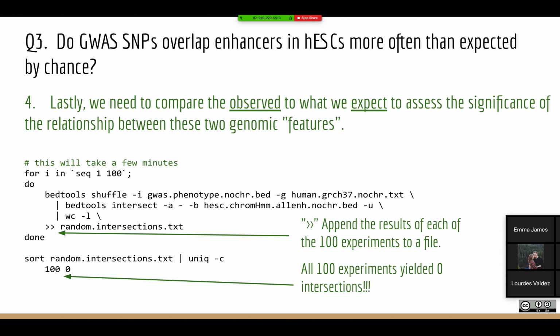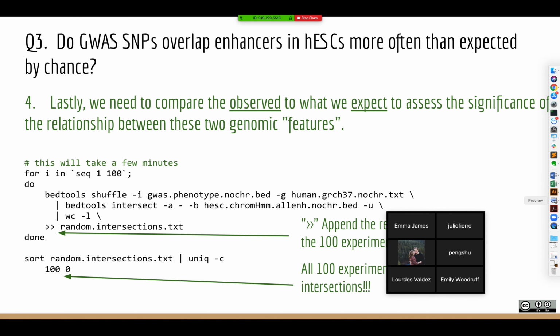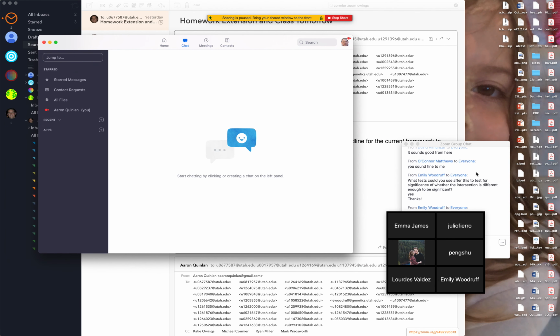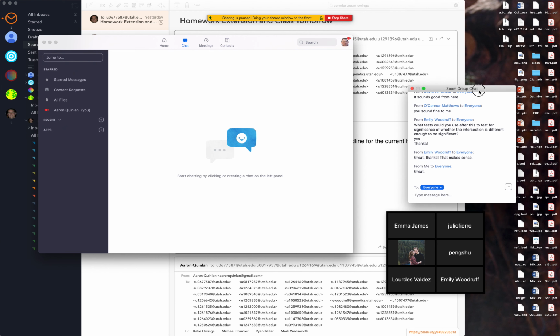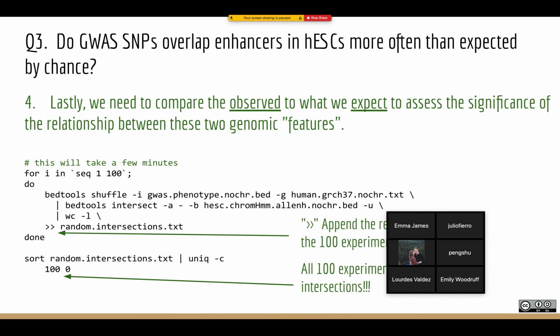I think you could imagine that it's probably not fair to shuffle GWAS SNPs anywhere in the genome. One reason that may not be fair is that we cannot detect a GWAS SNP. We can't even study a GWAS SNP in centromeres or telomeres because we can't assay them.